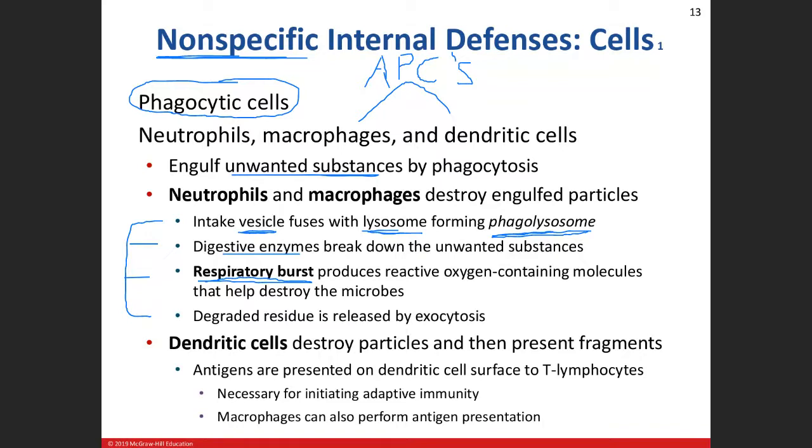Your cells make it. They're going to add not just hydrogen peroxide, but superoxide dismutase is another one. These are powerful enzymes that contain oxygen. That's why when we say the respiratory burst, it has to be an oxygen-containing molecule. And it combines, because that's what's present in the lysosome. When it combines with the phagolysosomes, it will literally destroy any of those microbes.